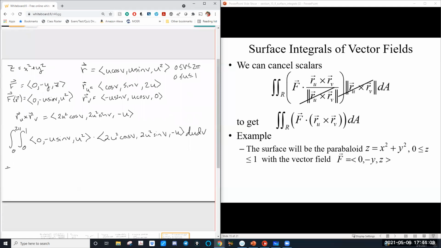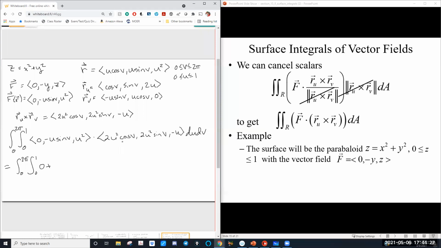All right. So if you do the dot product, remember that the dot product is multiplying corresponding components and then summing them up. So actually this first one works out kind of nice because 0 times 2u squared cosine v is 0. So let's just put 0 there.